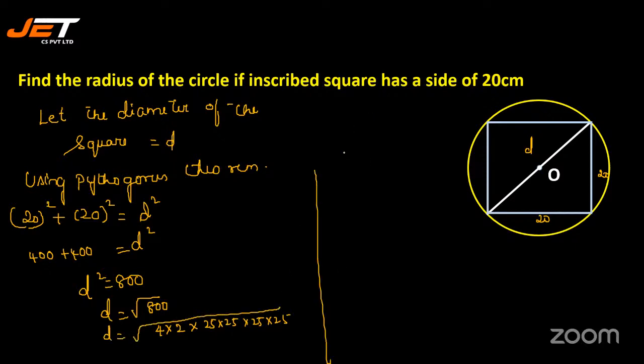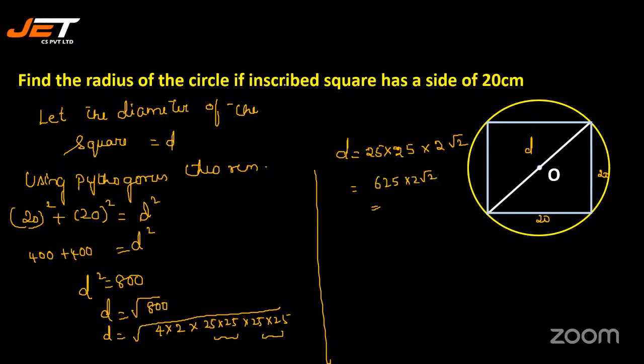Now D is equal to 25 into 25 into, for 4 it is 2, for 2 it is root 2. So 25 into 25 into 2. So it is 625 into 2 root 2. Okay.